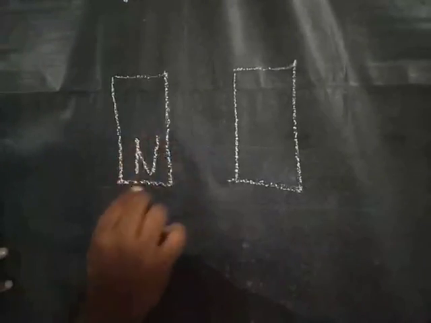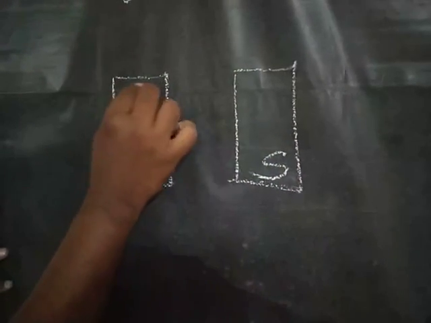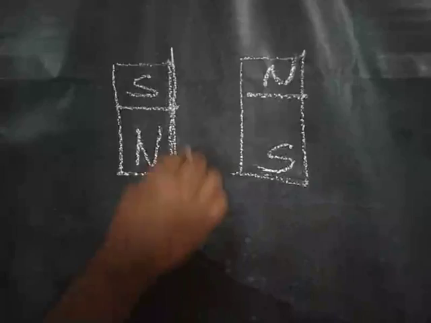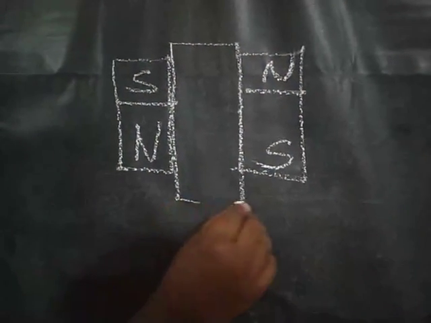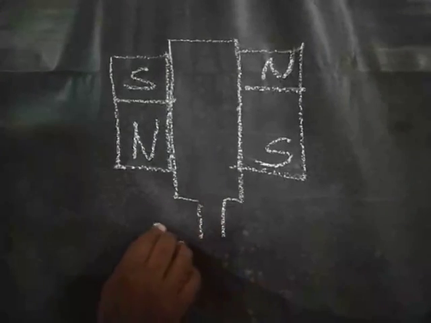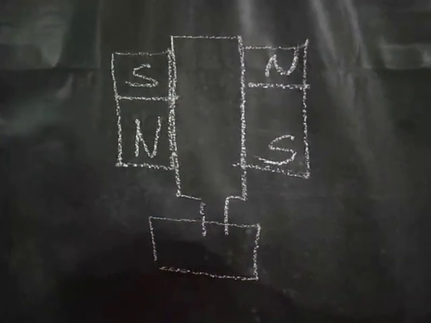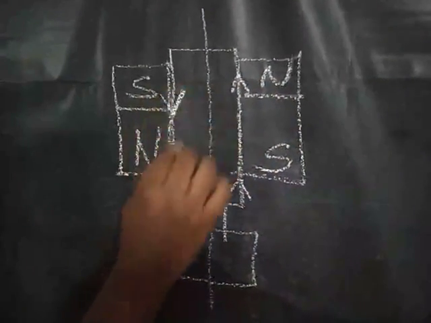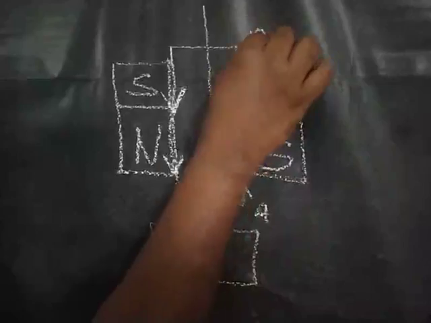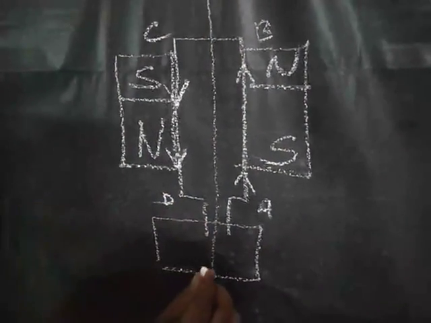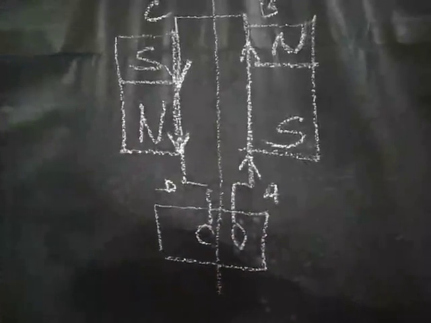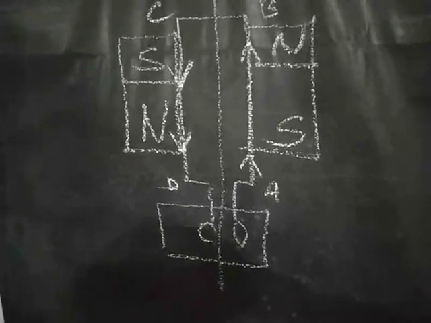In the middle we keep a coil, with a rod here and here. We pass the electric current in this direction, A, B, C, D. Here we have attached the carbon brush.